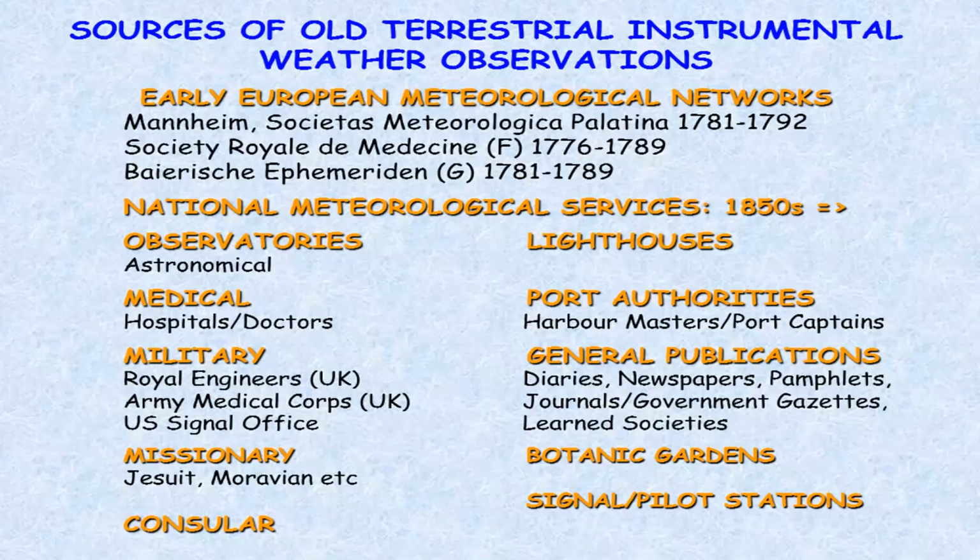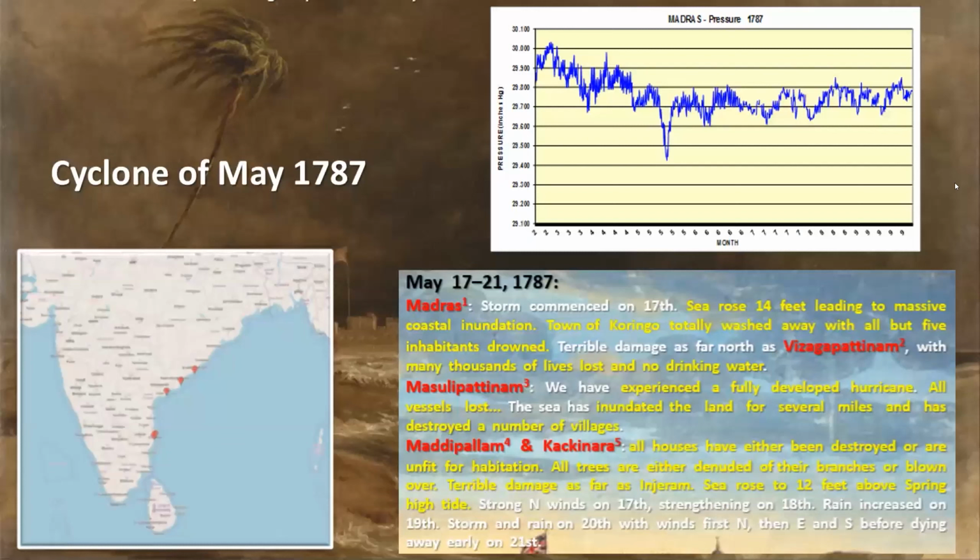So if we look at India, just as an example, we can see here a piece of information that we found, both in terms of instrumental data and textual, documentary material. This was a cyclone which is said to have occurred in May 1787, and that's somewhat out of season for that part of the year.